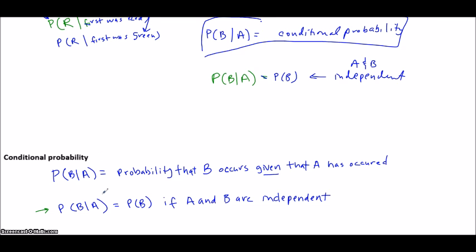The reason it's independent is if the probability of B given that A occurred is the same as the probability of B occurring by itself, that means A doesn't matter. It's not influencing the probability of B occurring. And so that means we're going to call those independent. Because if the two events are dependent on each other, that means that one happening will influence the probability of the other one occurring. We'll do examples of this in class.